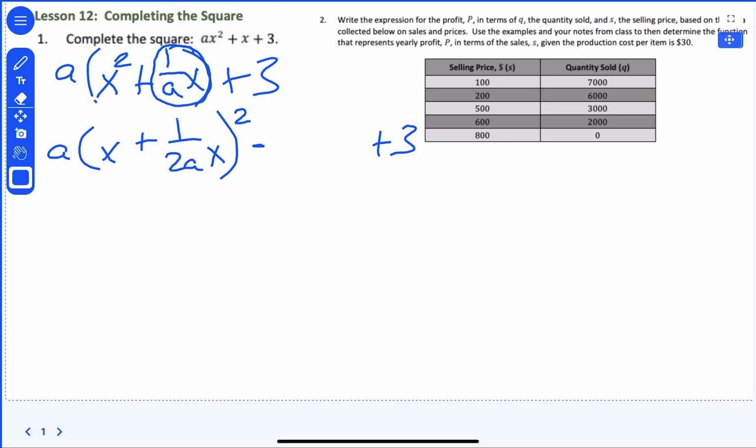Minus what? What are we going to subtract here? Okay, we don't want to worry about our x in this case. Okay, squared. So what is that? 1 over 4a. Right?